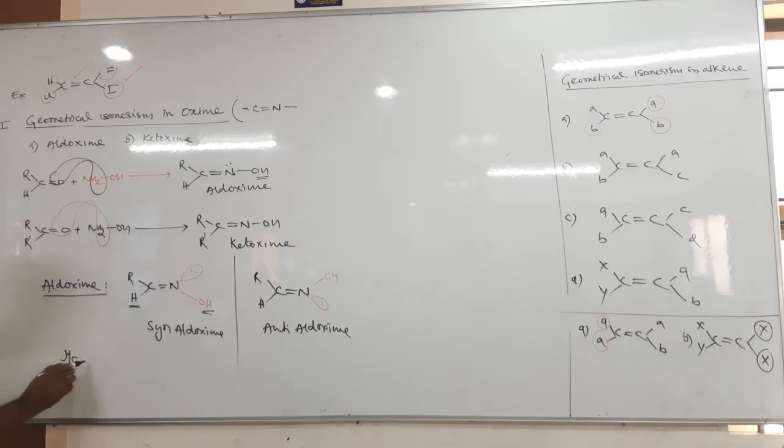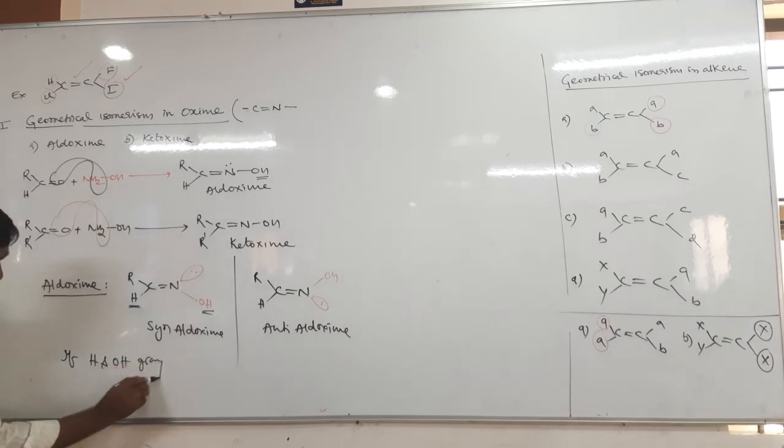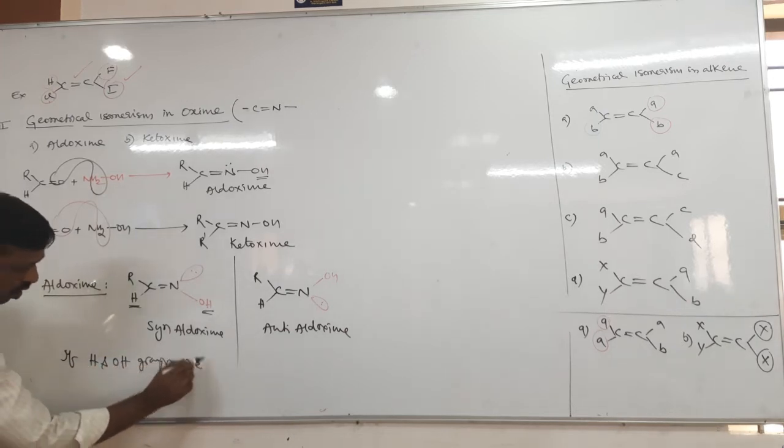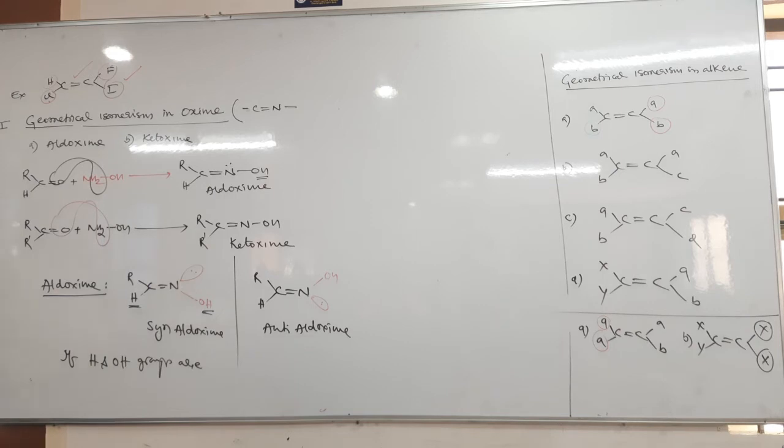If H and OH groups are on the same side of the double bond, it is called syn aldoxime, which is analogous to cis.